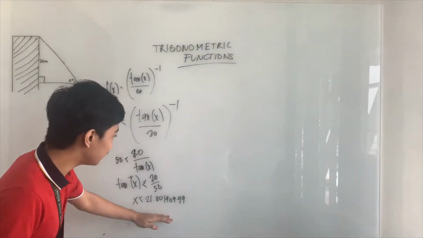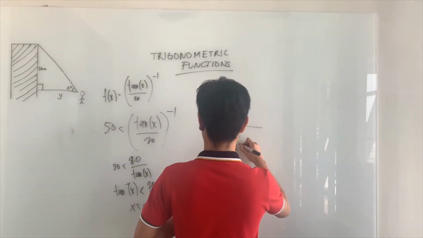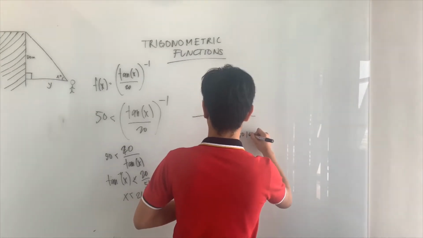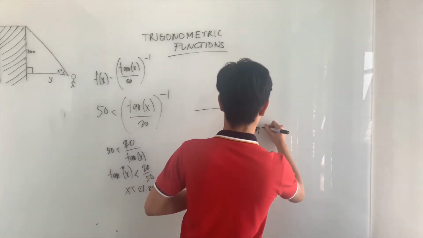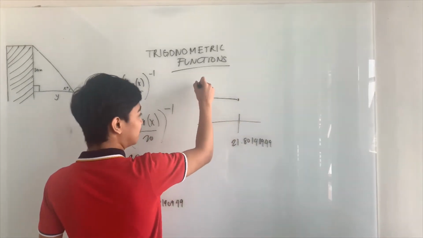Graphing this into the number line would give us, but this would end at 0, given that there is no angle which is less than or equal to 0.